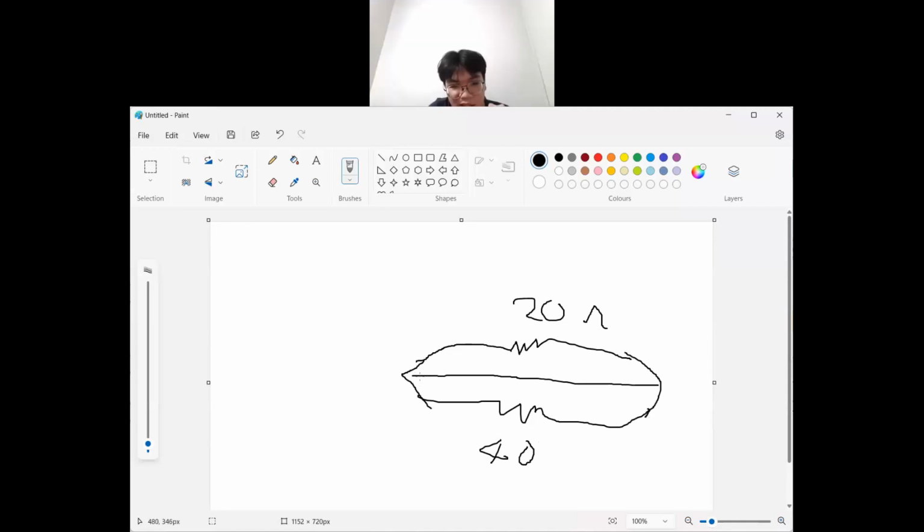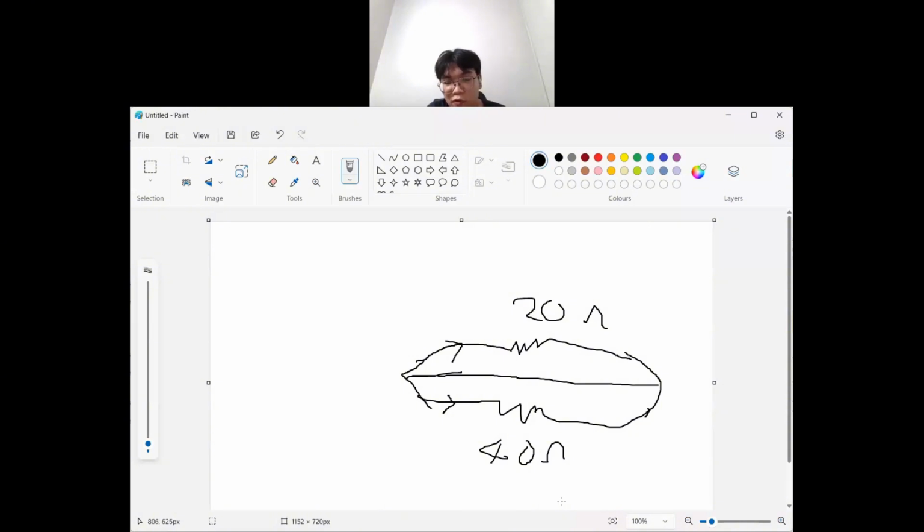If normally there is no short circuit, the current will flow through here and here. So yes, the 20 ohm resistor and 40 ohm resistor have current. But if you add one short circuit, the short circuit doesn't have a resistor, so the resistance is zero.